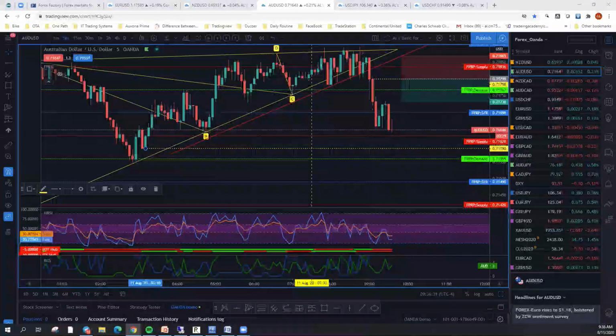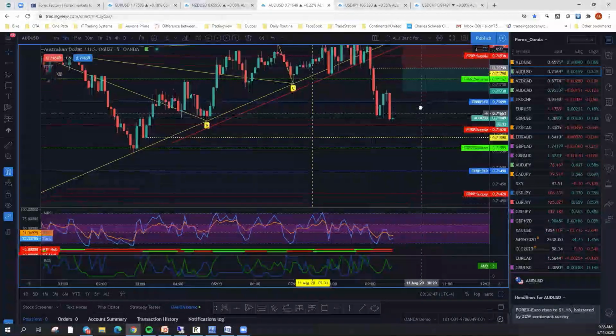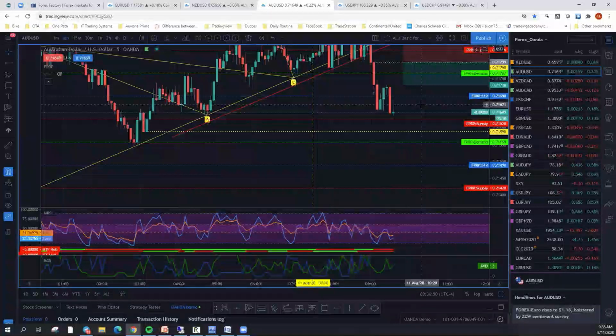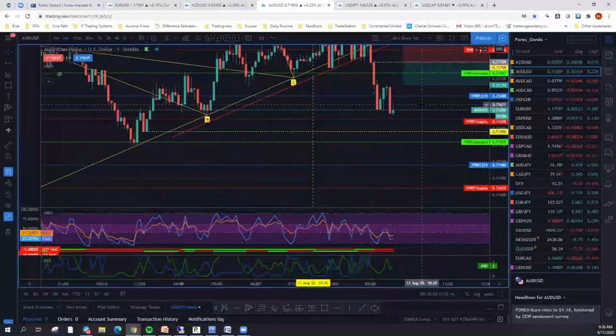And our Japanese yen is going strong too, where the dollar is strong to the yen. And this thing is strong to the Aussie. So the dollar is regaining some of its strength back again.